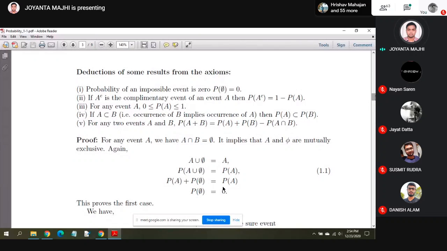From these axioms we can get some results. The probability of phi, the void set or null set, is equal to 0.